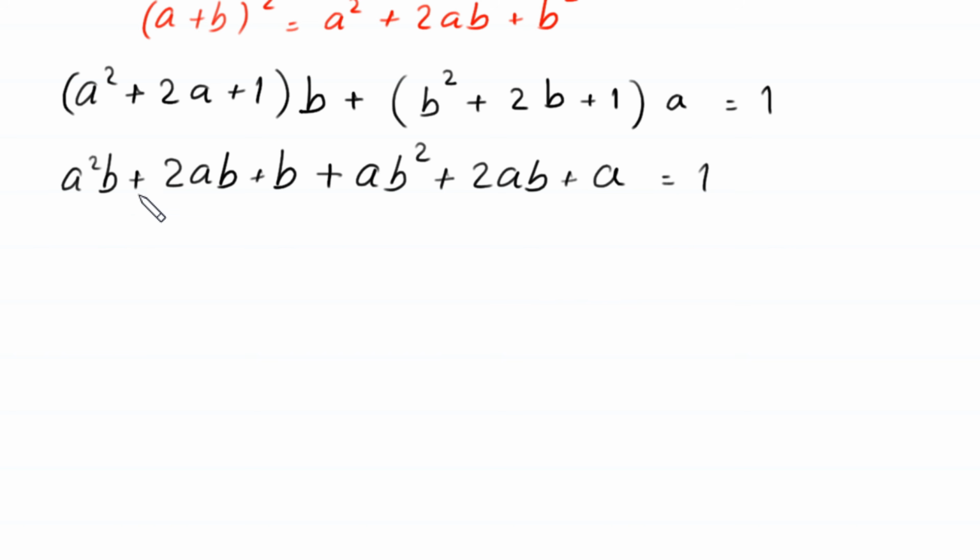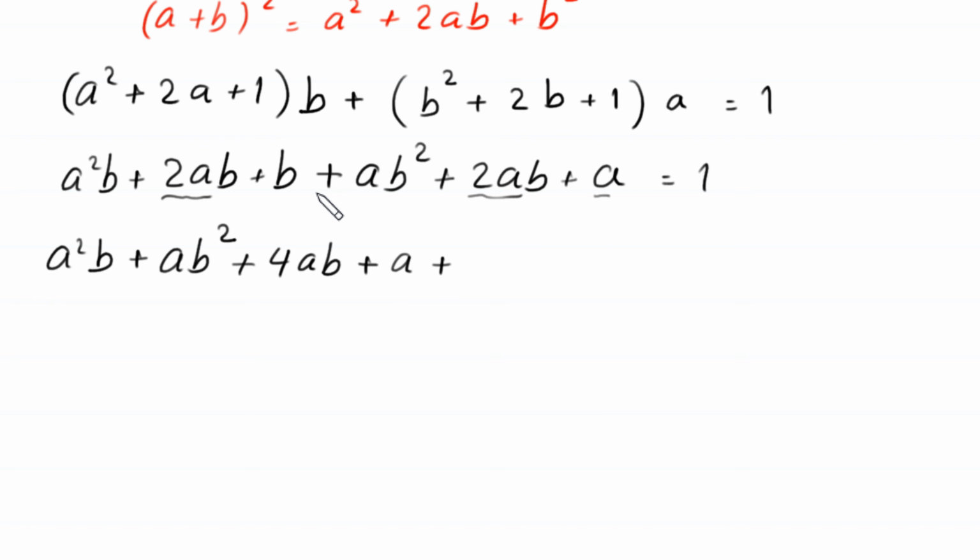Now we rearrange these terms. We write this a squared b plus this ab squared. This 2ab plus this 2ab will become plus 4ab, plus this a plus this b is equal to 1.